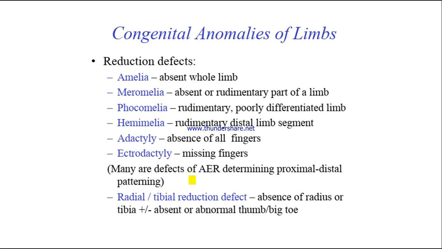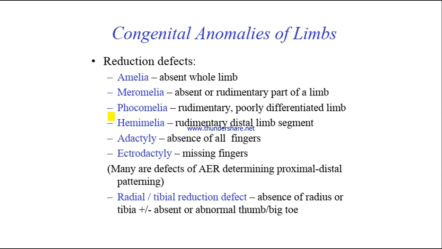Many of these are defects of the AER, which determines proximal distal patterning. We've got radial or tibial reduction defects, absence of the radius or the tibia, plus or minus absence or abnormal thumb or big toe.